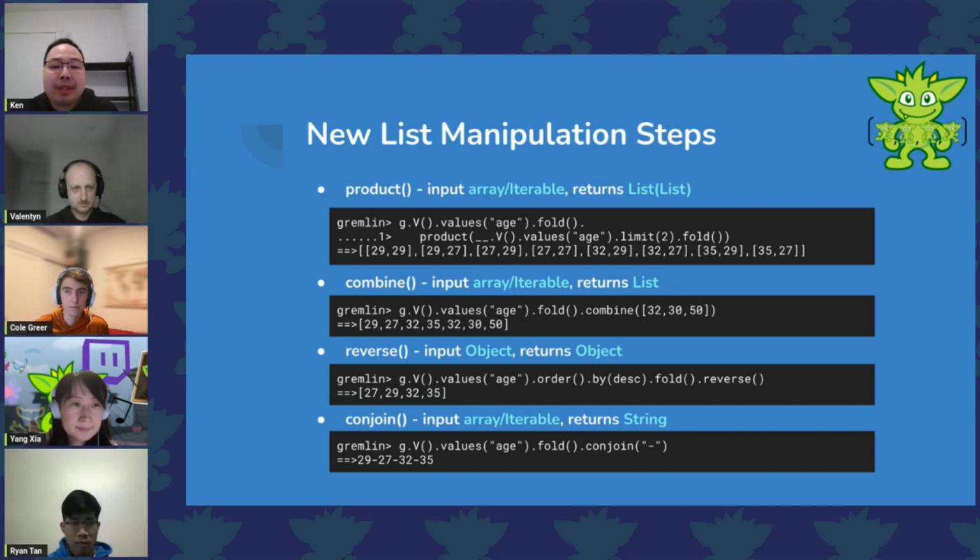So an interesting use case for these new list function steps is when you use them together with paths. So a path can be treated almost like a list.